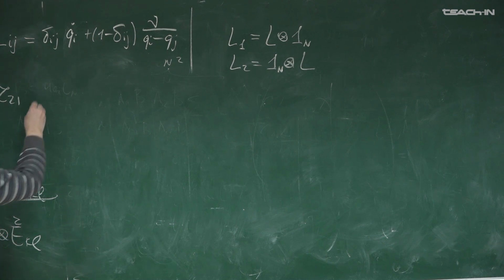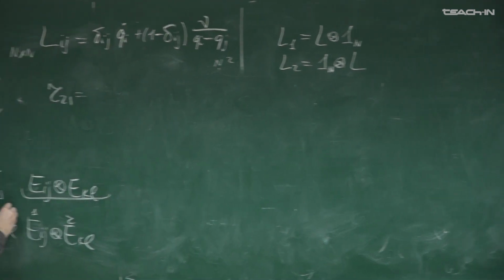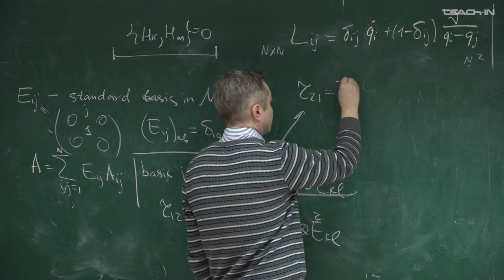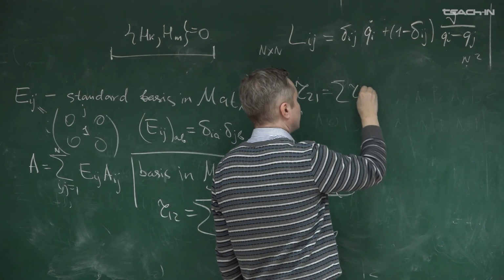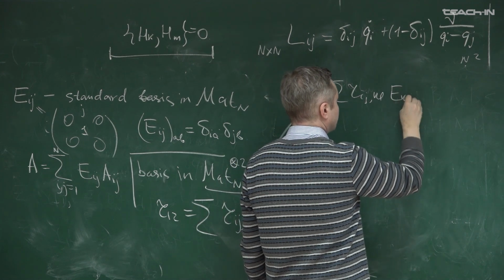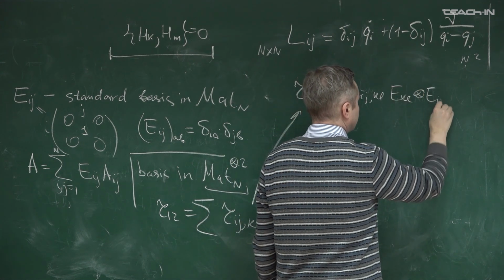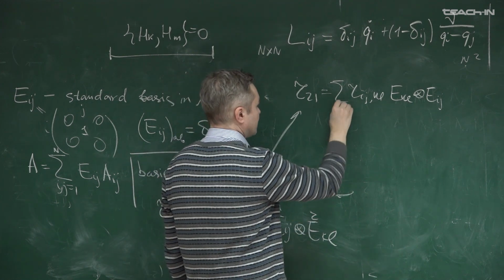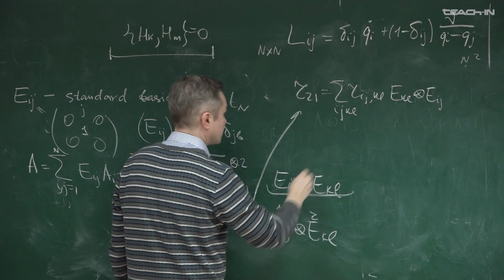So that R21, from this definition of R12, is equal to Rij KL EKL Eij. And the sum is over all indices.